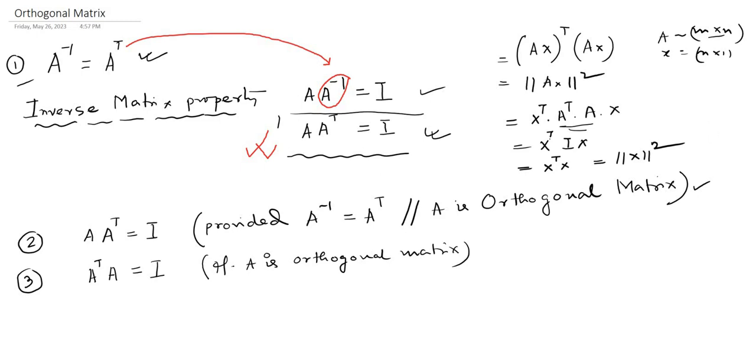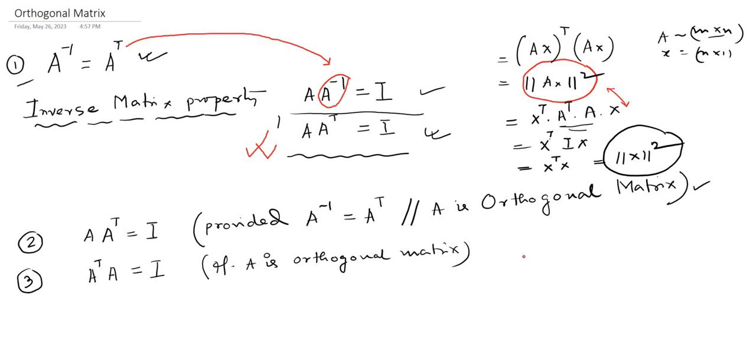So what exactly did we prove here? We proved that for an orthogonal matrix, this and this are equal. What does it mean?